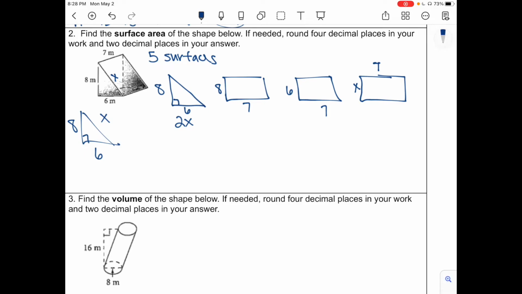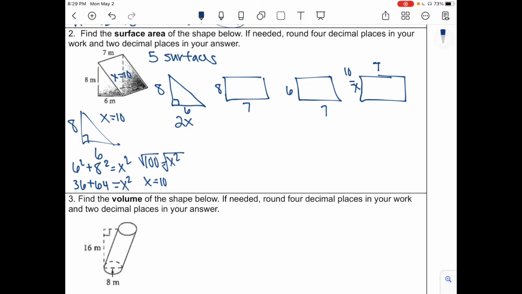If you already know the Pythagorean triple for this, you can skip this step, but to do this, we've got 6 squared plus 8 squared equals x squared, or 8 squared plus 6 squared, same thing. So 36 plus 64 equals x squared. That's 100 equals x squared, and then take the square root of both sides, so x is 10. So that's 10, labeling all the things.